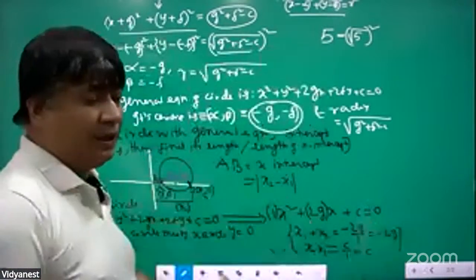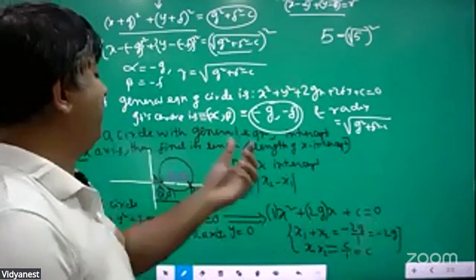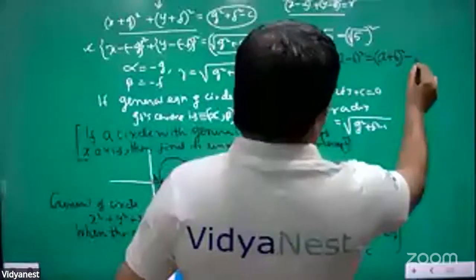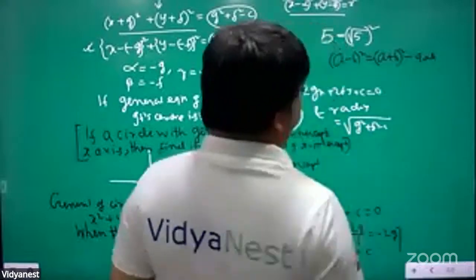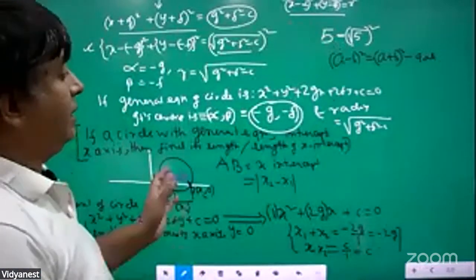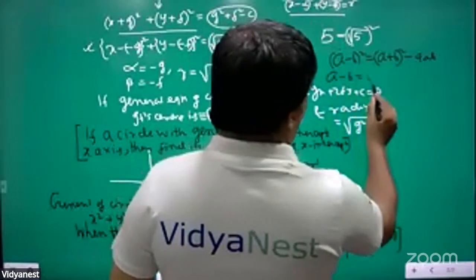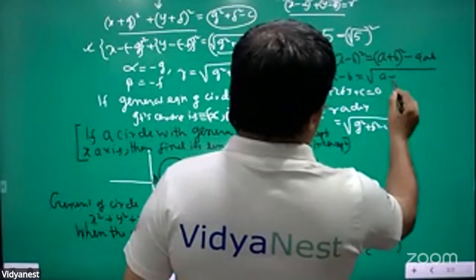How does it help us in finding x2 minus x1? We have to recall one formula which you were taught in class 7. Hope you can memorize: a minus b whole square is a plus b whole square minus 4ab. Basic algebraic property. So a minus b is the square root of this.